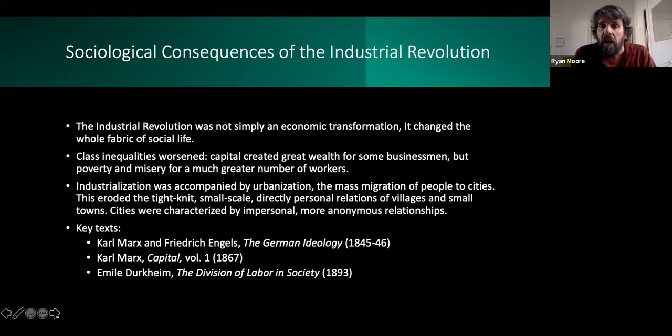On the one hand, the accumulation of capital creates enormous wealth for a small elite of businessmen, what today we might call the 1%. But it creates massive poverty and misery for a much greater number of workers.